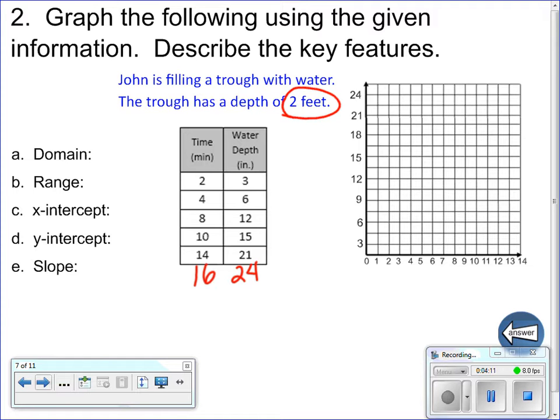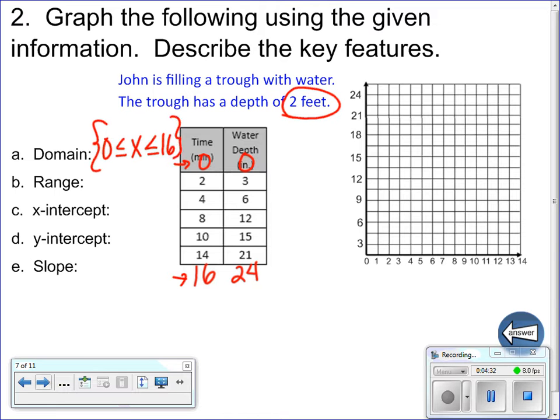All right, so for my domain, I can also go backwards here to 0, 0. So my domain, the time, starts at 0 and goes to 16 seconds. So 0, including 0, to 16 seconds.